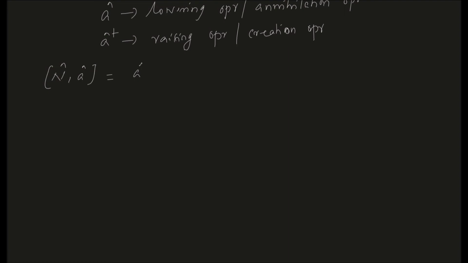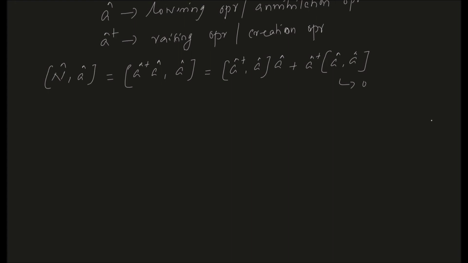So this is basically the commutator between A dagger A and A. You can show that this is simply [A dagger, A] A plus A dagger [A, A].